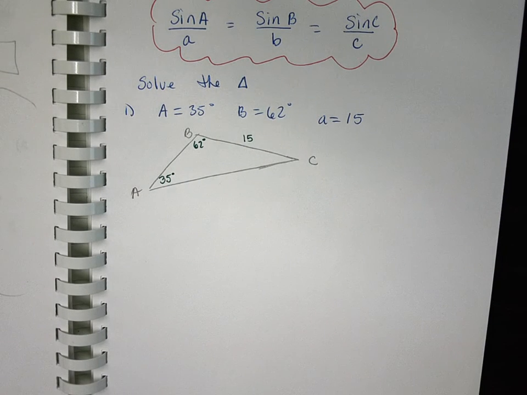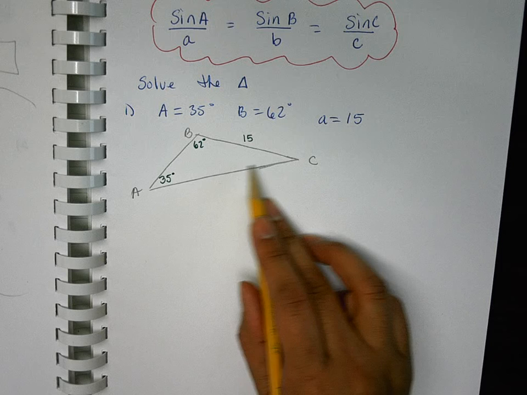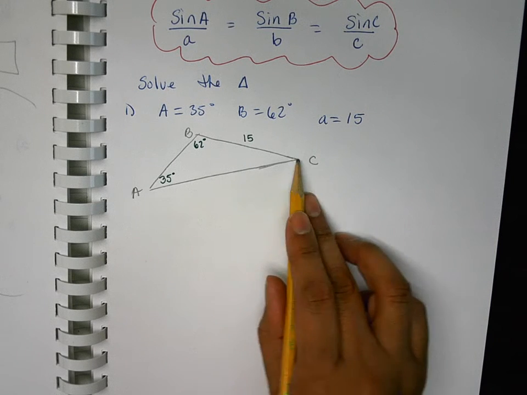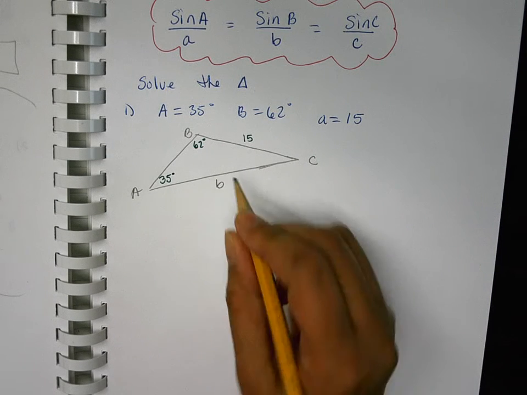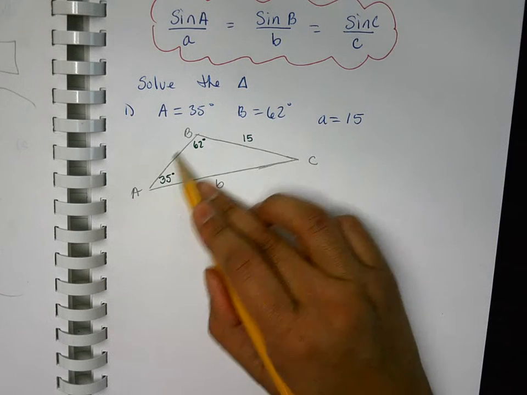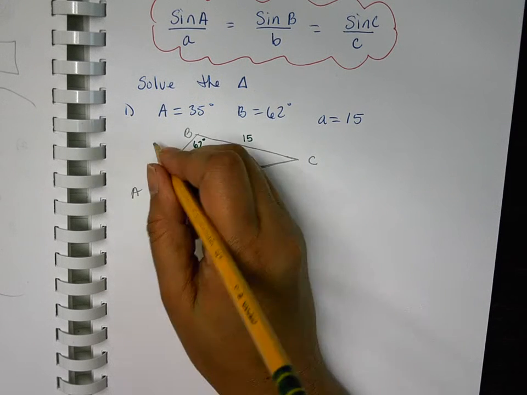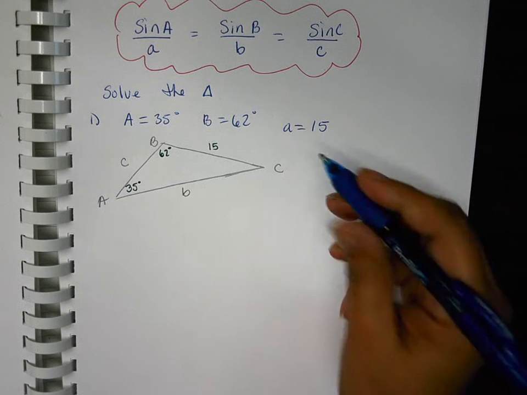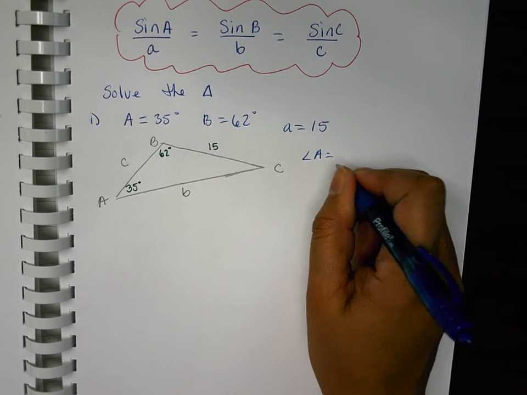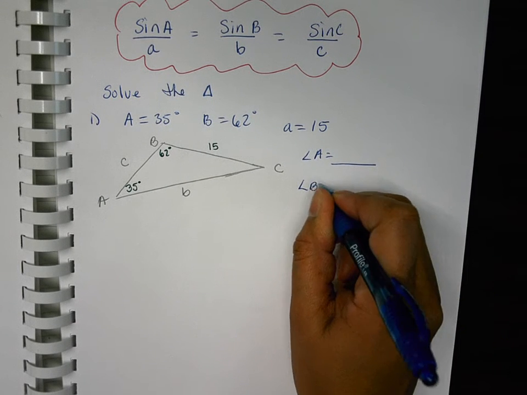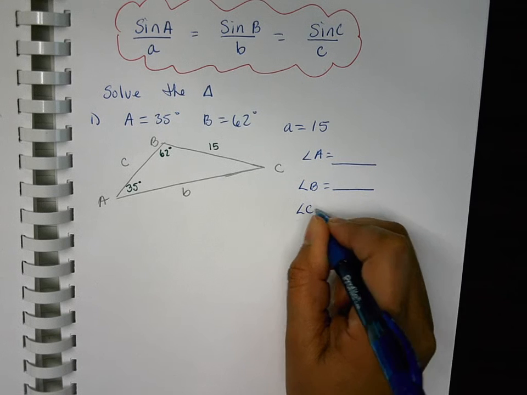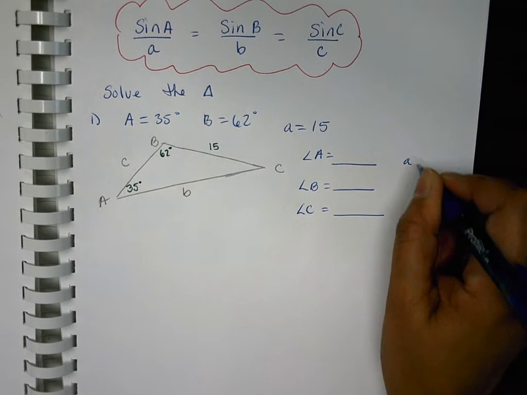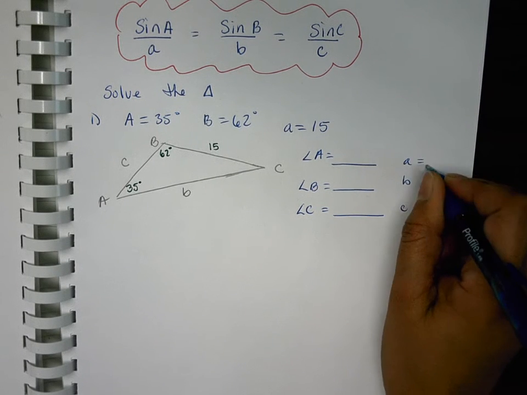And what would I call this side right here, little c or little b? Little b. And this side right here is little c, because it's opposite angle C. All right. Over here I'm going to write down angle A, angle B, just like we did before, angle C, and then little a, little b, little c.